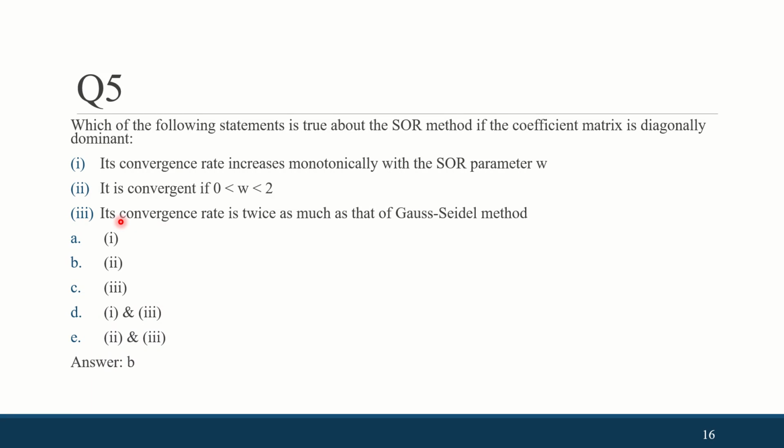But we cannot assure that the convergence rate increases monotonically with the SOR parameter omega. Similarly, we cannot assure that the convergence rate is twice as fast as that of Gauss-Seidel. Both of those statements are wrong. So the answer is option B, that is, the second statement is the only statement that is correct.